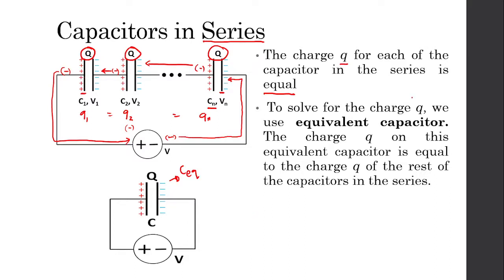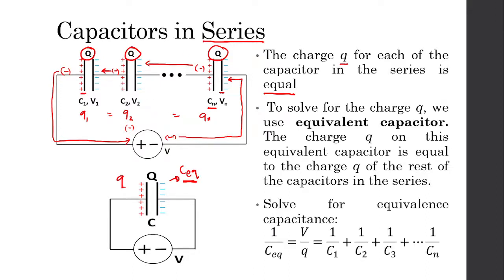And to solve for Q, that makes sense if we solve for Q for this imaginary single capacitor, which again represents the multiple capacitors in your series. If I measure the Q for this capacitor, this Q right here will then be equal to the Q of all these multiple capacitors.